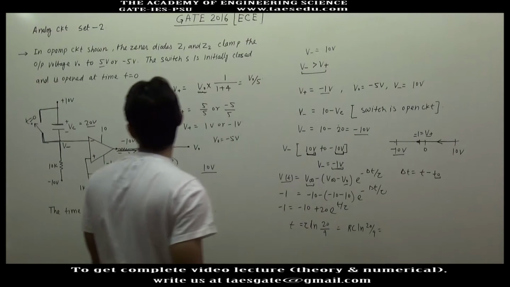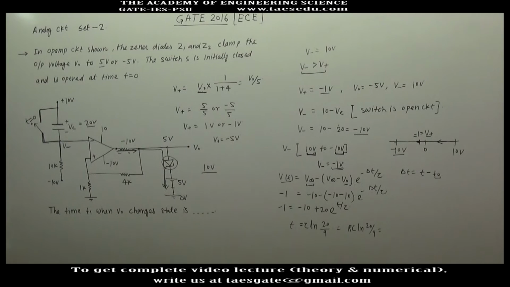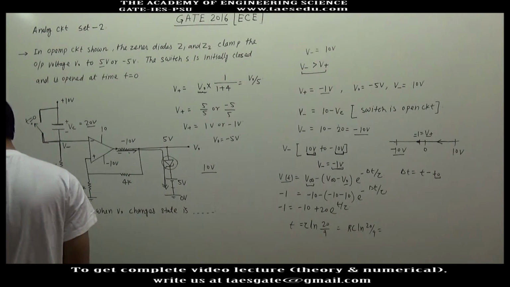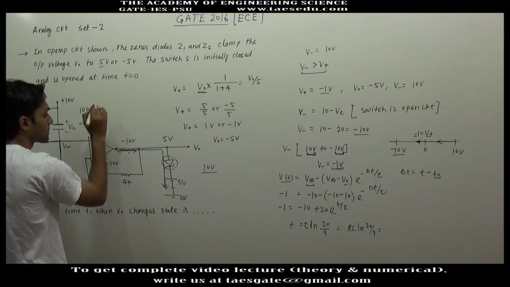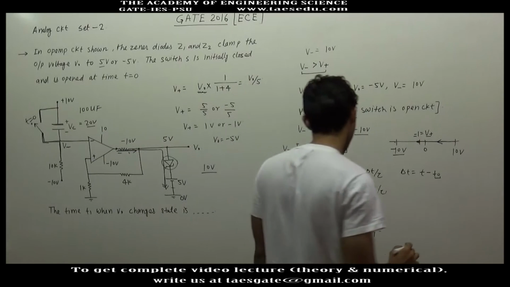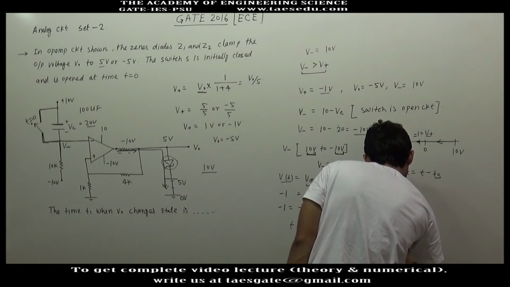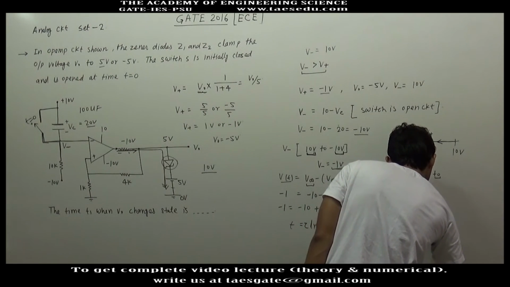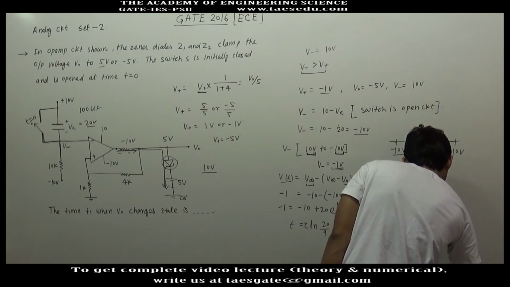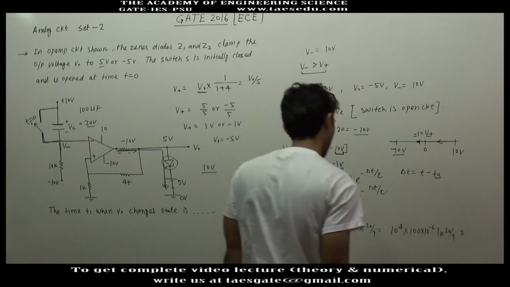R is equal to 10 kilo ohm and the value of C is 100 microfarad. So 10 kilo ohm is 10 to the power 4, and 100 microfarad is 10 to the power minus 4, into ln 20 by 9 second.